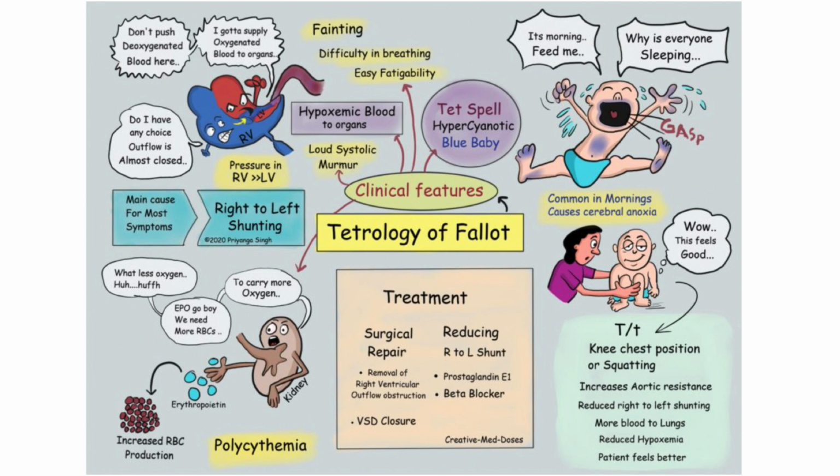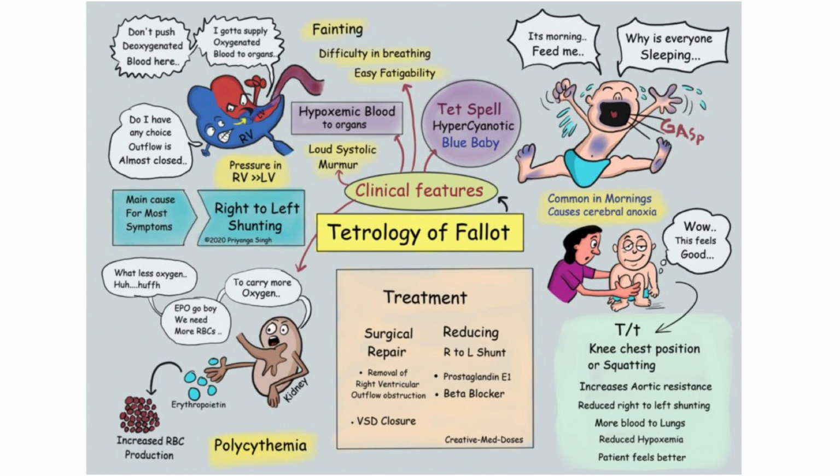So to carry more oxygen, the kidney will sense the lessened oxygen and release EPO, that is erythropoietin, and that will lead to synthesis of more red blood cells, which is leading to polycythemia. That is also the classic feature in late presentation of tetralogy of Fallot, right? Tet spells are very common in mornings, causing cerebral anoxia, right? And in knee chest position or a squatting position, I have already said why the symptoms improve in that region. So that is how we do.